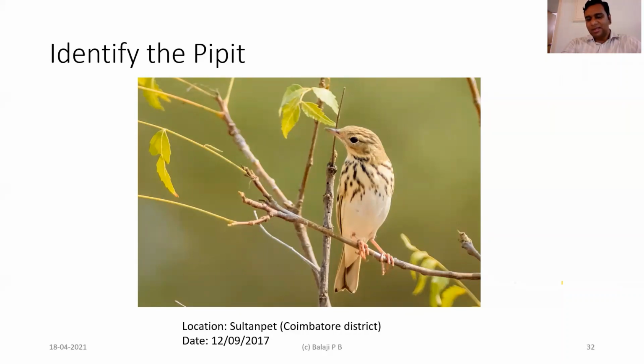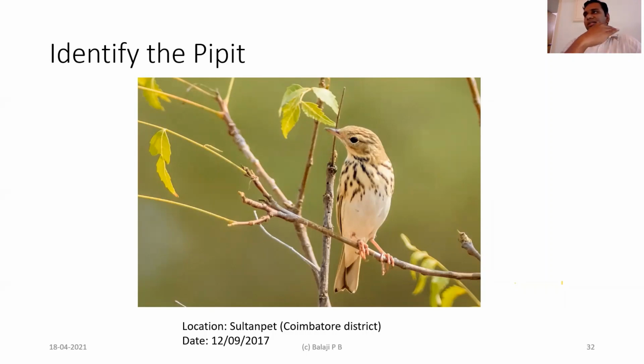But anyway, for this pipit, I think we don't have to get into Richard's pipit at all. The reason being, Richard's pipit has fairly faint markings on the chest. The chest markings are very prominent here. And there are only two pipits in the plains which have very prominent chest markings. One is the tree pipit and the other is the red-throated pipit.